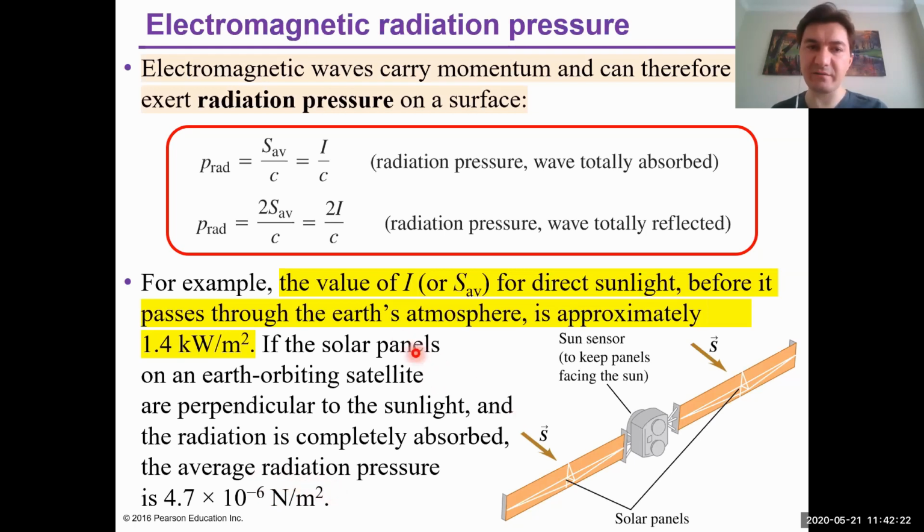So there is a radiation pressure due to the electromagnetic radiation that comes from the light, and each type of electromagnetic wave can produce radiation pressure with these expressions. This one is valid for totally absorbed electromagnetic waves, and this one is valid for totally reflected electromagnetic waves.